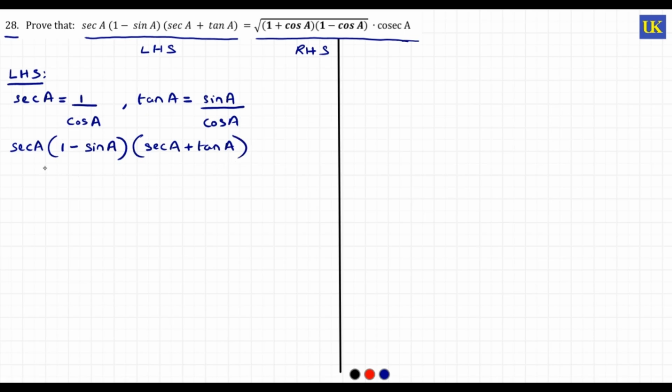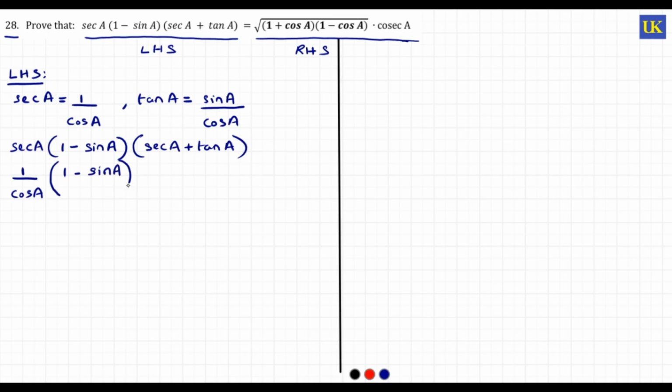Now instead of sec a I will write 1 upon cos a here. So 1 upon cos a, and in the bracket I will write 1 minus sin a.